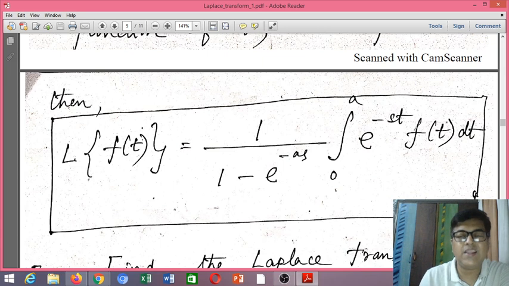So that is the end result of finding the Laplace transform of a periodic function. I hope it is clear. It's not a difficult topic at all.